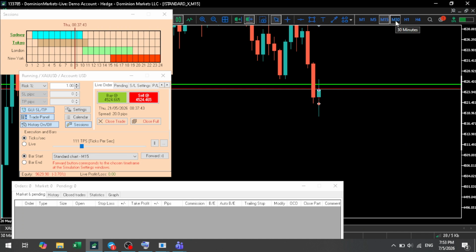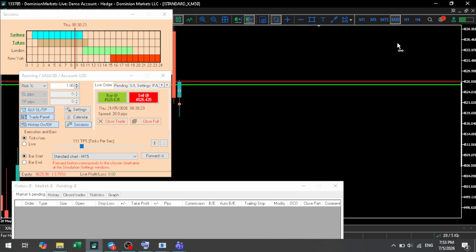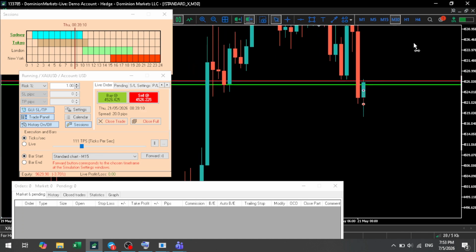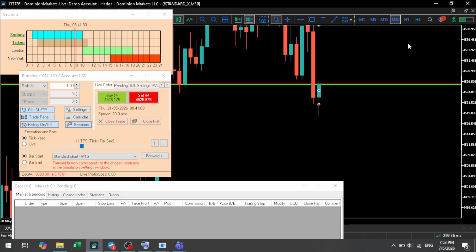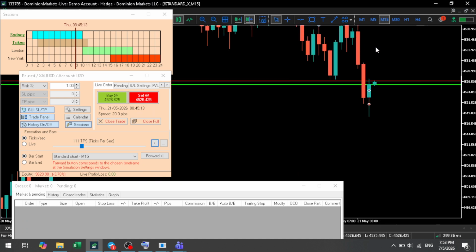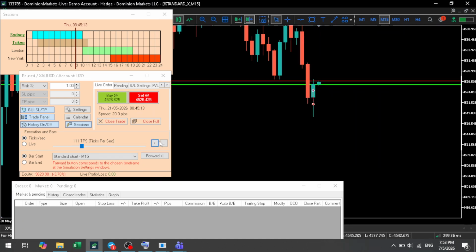Price is not respecting its own laws. 15 is about to close. Let's see how that goes. And 15-minute closure. We have it.